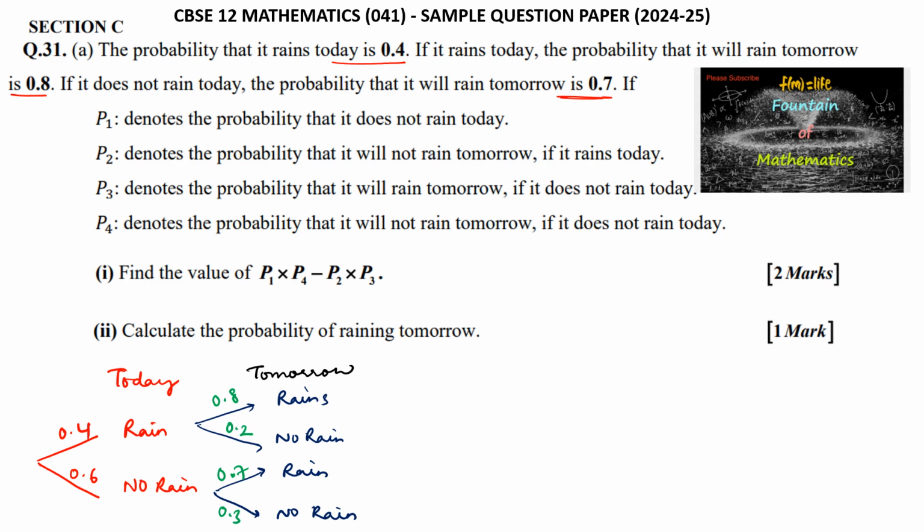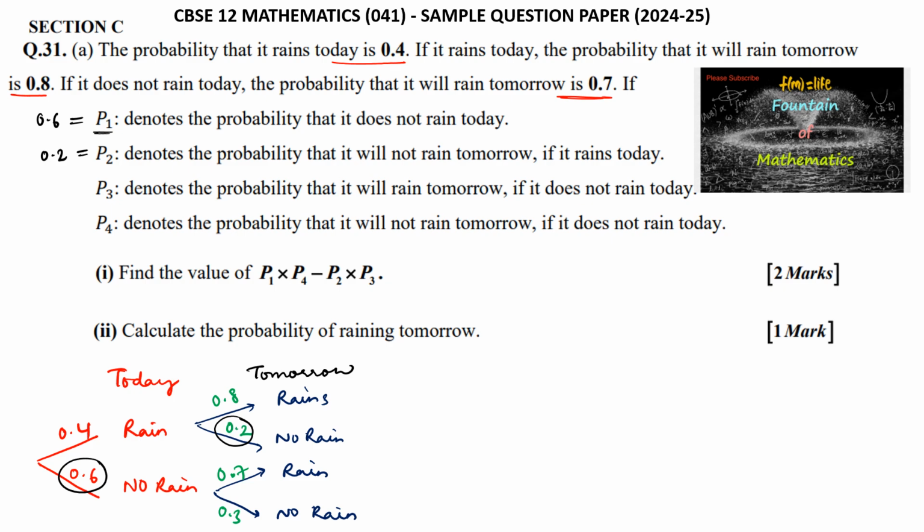So P1 denotes the probability that it does not rain today, that means 0.6. So P1 value is 0.6. P2 denotes the probability that it will not rain tomorrow if it rains today, and no rain tomorrow is 0.2. So P2 value is 0.2.